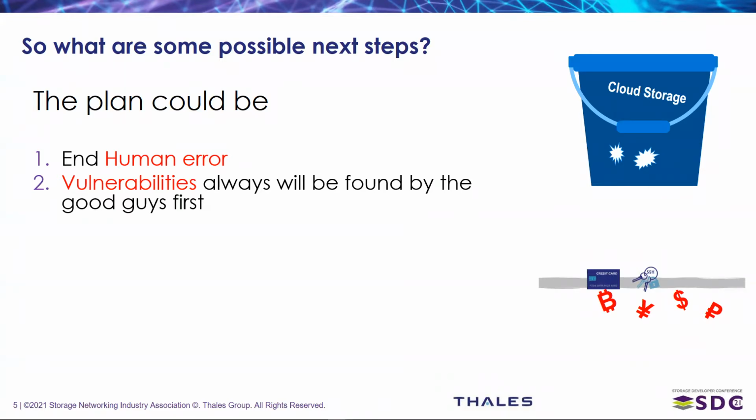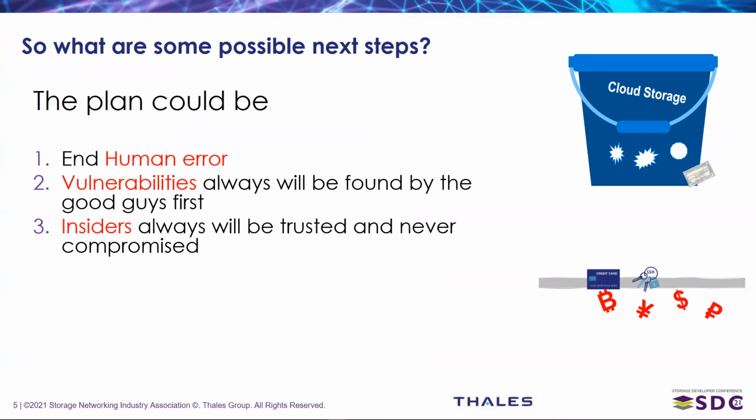But I think the bad news is that the bad guys will most likely find them before you. Or we can have all our insiders become trustworthy, and then we can trust that they will never turn against you. But even if your admins are good, there's always a possibility that their privileged accounts can get compromised. Anyway, good luck with that plan, that is.